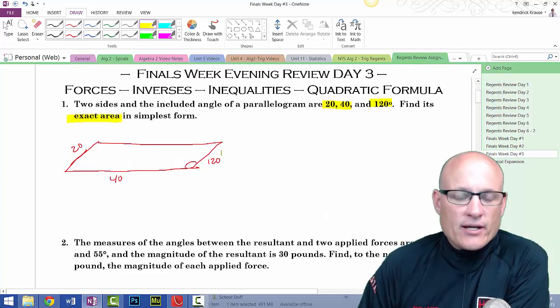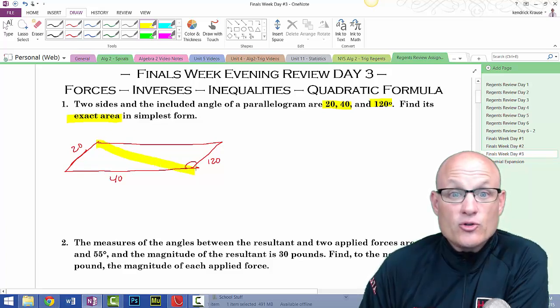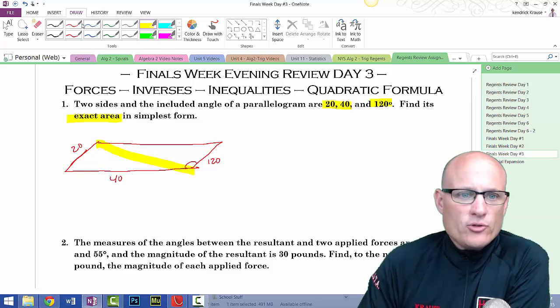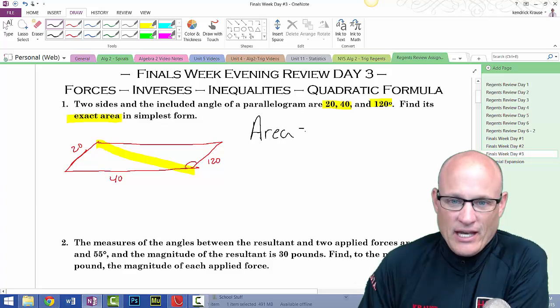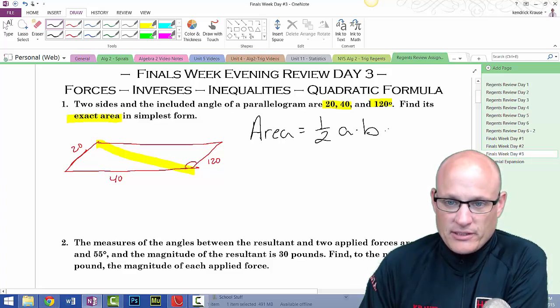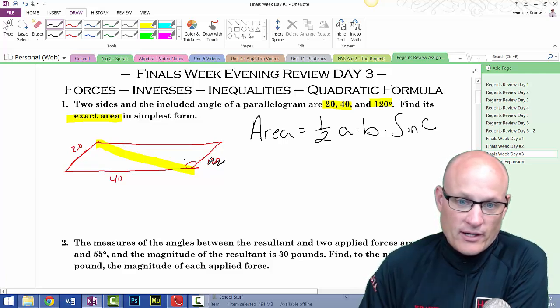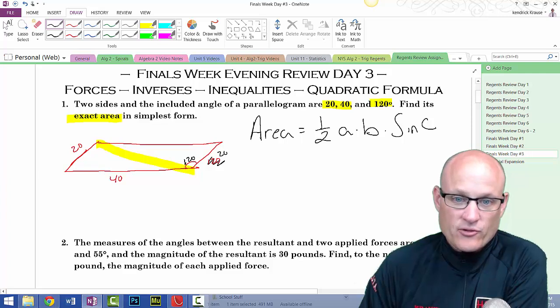But don't forget that a parallelogram is really just 2 triangles. So we're going to use that formula: area, K, equals 1/2 a times b times the sine of the angle in between. By the way, this is 120, this is just 20.